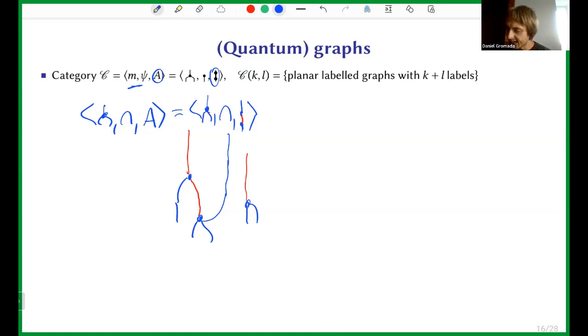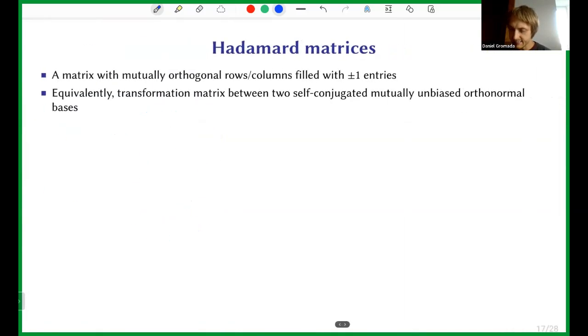But in any case, what I did was I studied Hadamard matrices. So you might know Hadamard matrices. Those are matrices with ±1 entries, and all of the rows and columns are mutually orthogonal.